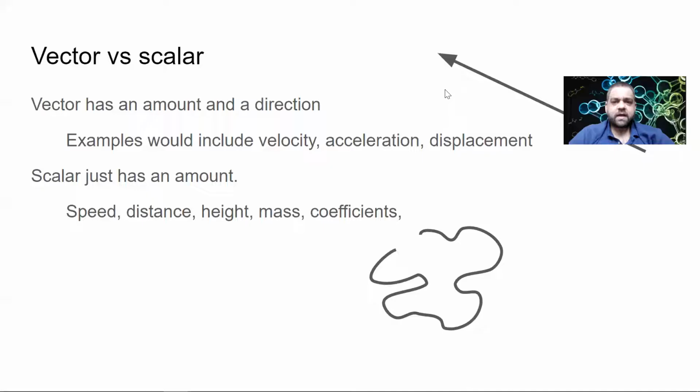So the first definition that we have is scalar or vector. The reason this is important is because a lot of the times when we do physics, direction becomes really important, right? In our everyday life, it doesn't really matter if we say 60 miles an hour.